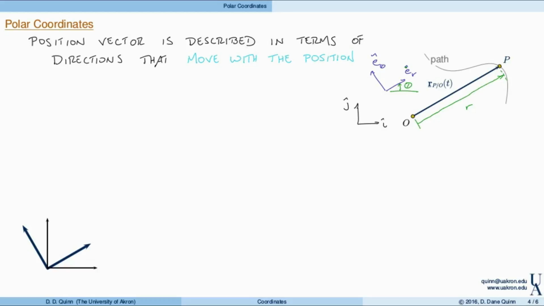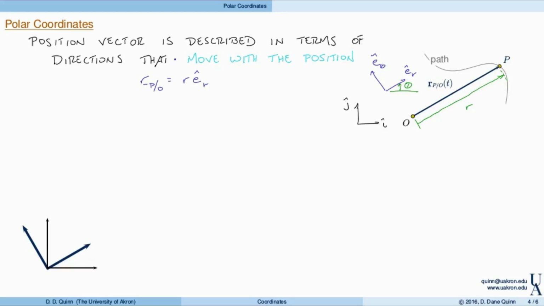So in terms of these coordinates, we can write the position vector of p with respect to O as some magnitude, r, in some direction, which in this case is ER. Now, unlike the previous example with Cartesian coordinates, the direction ER can change in time. So as p moves around, ER changes with respect to the ground, as does the magnitude.